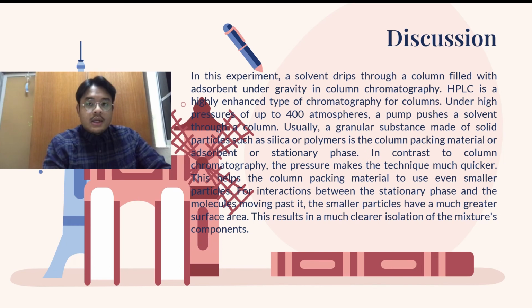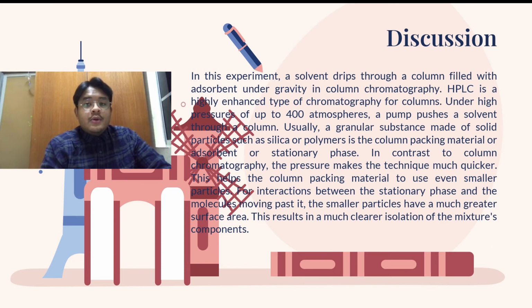For discussion, in this experiment, in column chromatography a solvent drips through a column filled with absorbent under gravity. HPLC is a highly enhanced type of column chromatography. Under high pressure of up to 400 atmospheres, a pump pushes a solvent through a column.